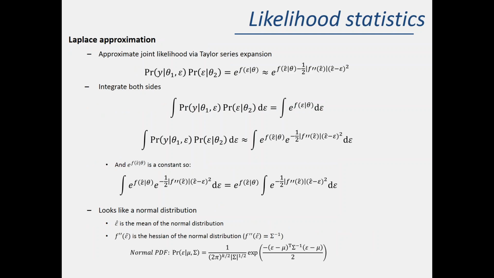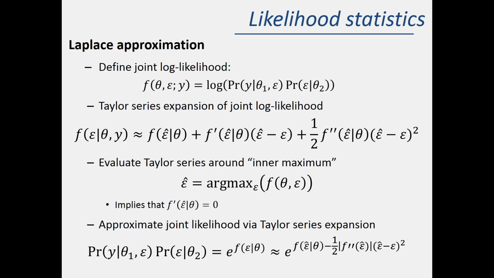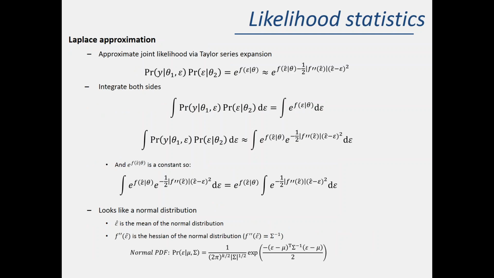So the key to this will end up being that this looks a lot like the probability density function of a normal distribution. Essentially, we're going to massage this right-hand side to look like the probability density function of a normal distribution.